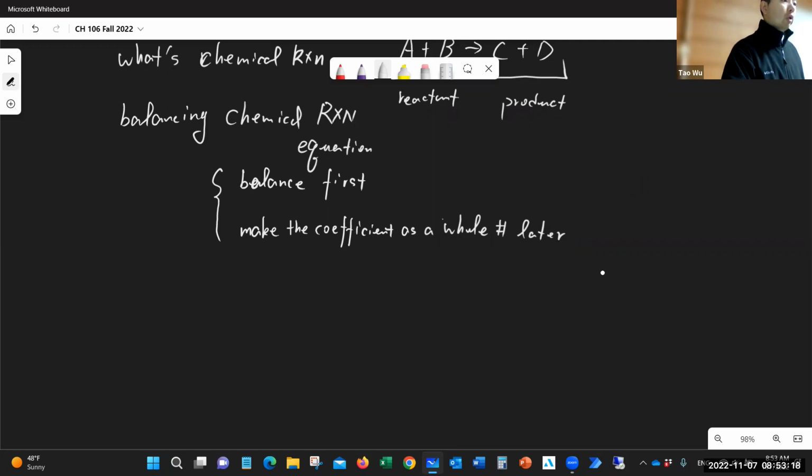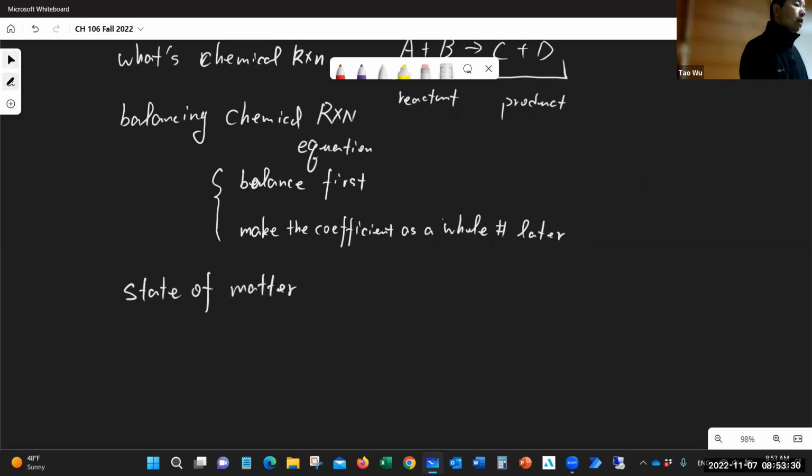Balancing the chemical equations. And also we talk about the state of matter. In the chemicals, generally we write several different states.